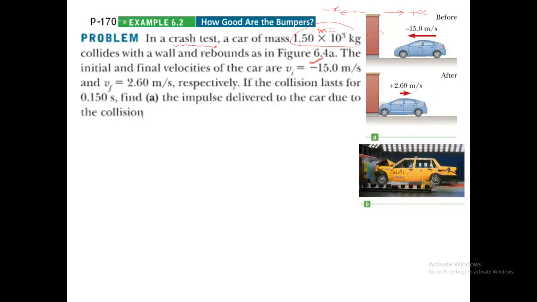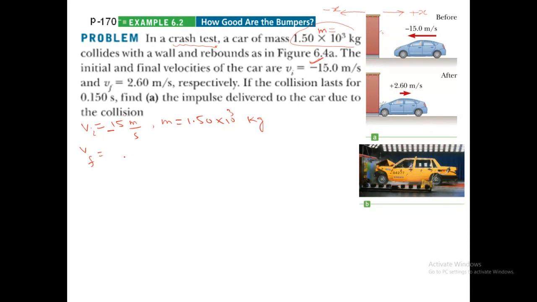Okay, so VI is 15 meter per second. M is 1.50 kg, right?